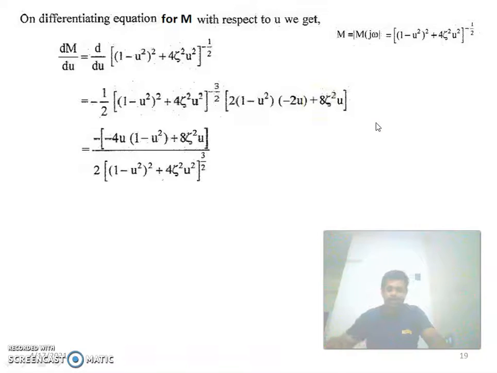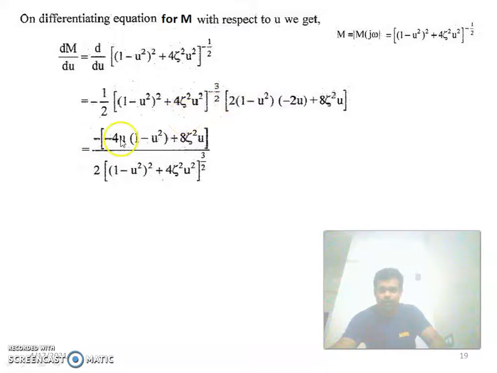This minus 3 by 2 we are going to bring to the denominator, so it will become 2 into (1 minus u square) the whole square plus 4 zeta square u square to the power 3 by 2. In the numerator you are having 2 into (1 minus u square) into minus 2u plus 8 zeta square u. Already here you are having a minus, so you take that minus outside, then here you are having a 2, here you are having a 2.